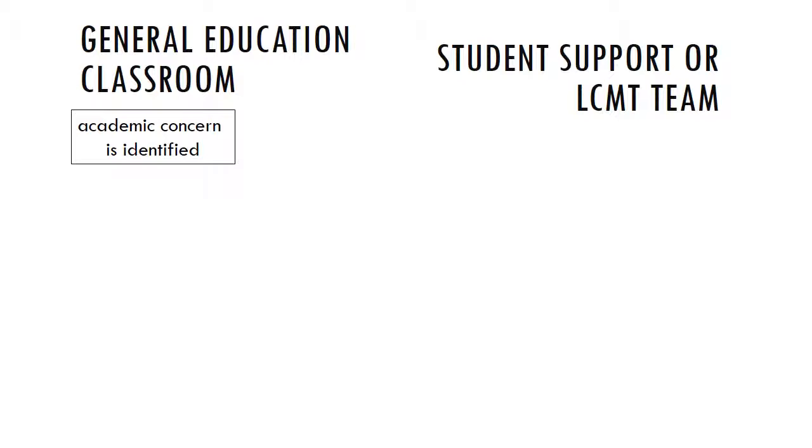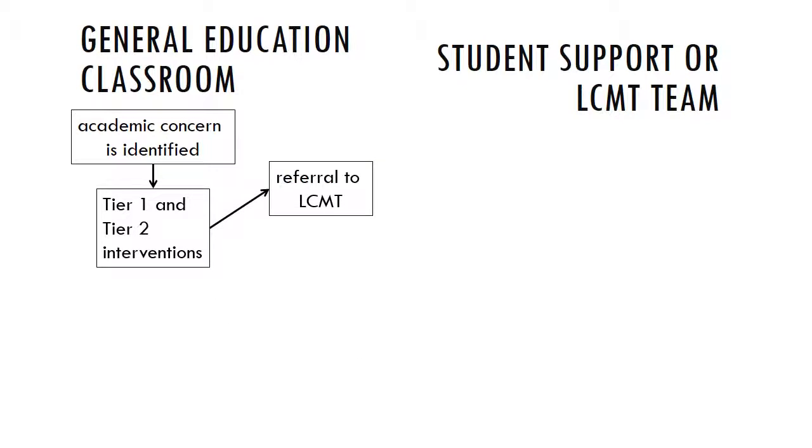First, the general education teacher identifies an academic concern. Then, Tier 1 and Tier 2 interventions are implemented in the general education classroom. If the student doesn't respond well to those interventions, the general education teacher goes to the local case management team.